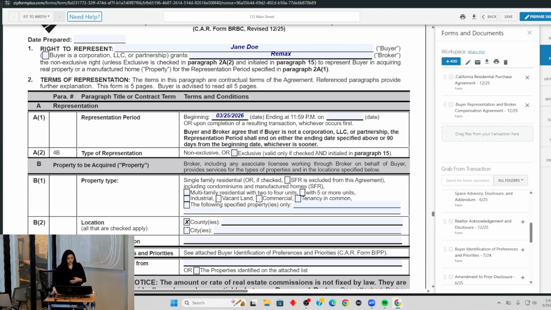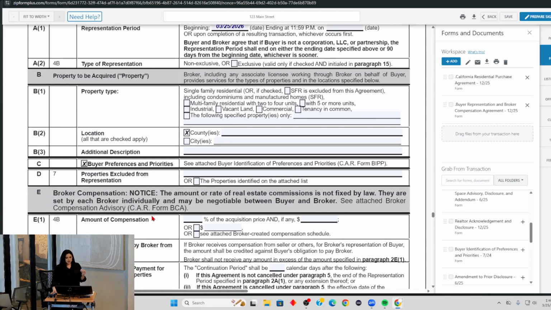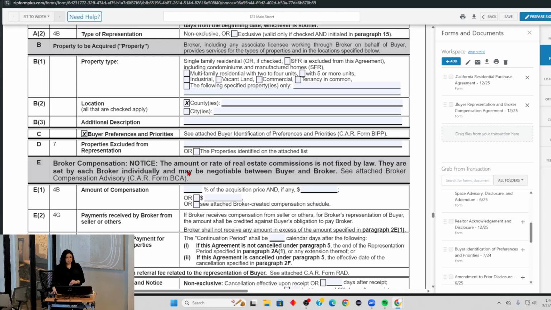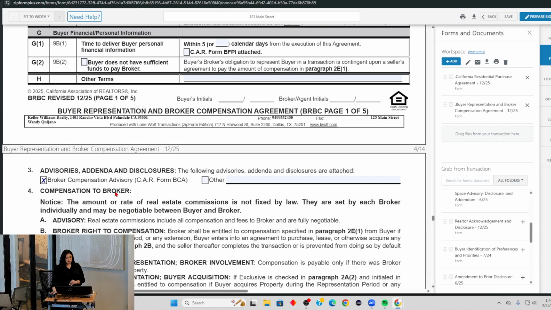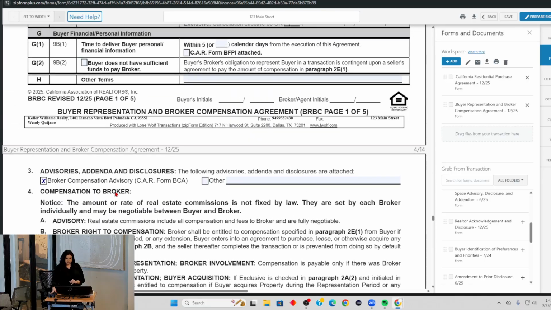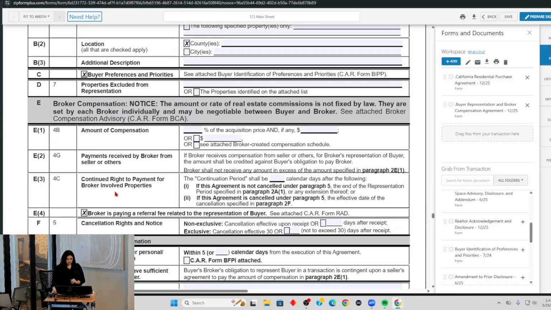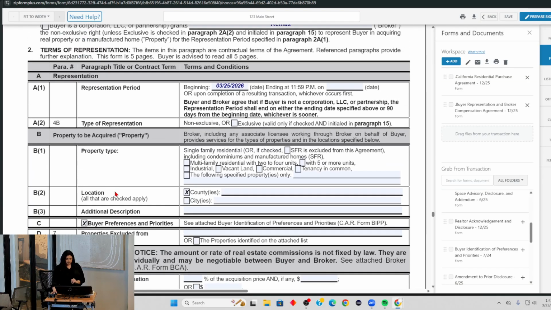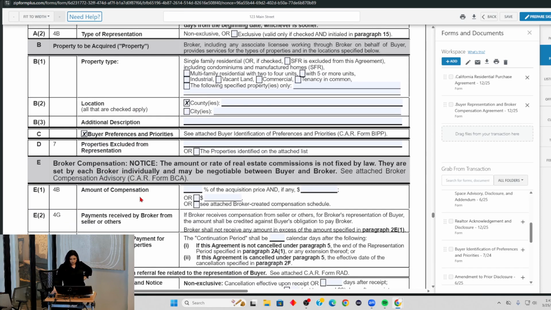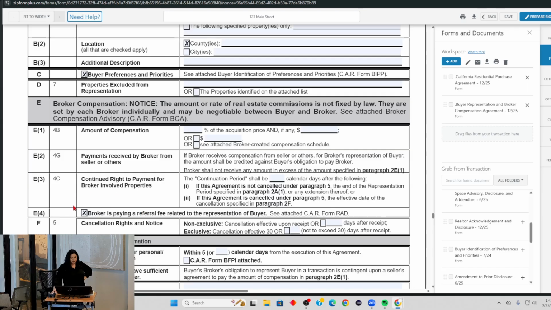Okay. Another thing in the BRBCs: letter E4 is your RAD.